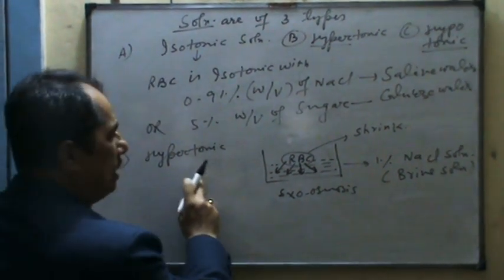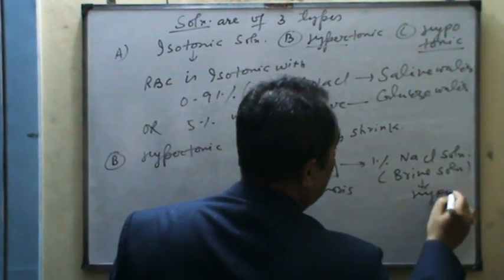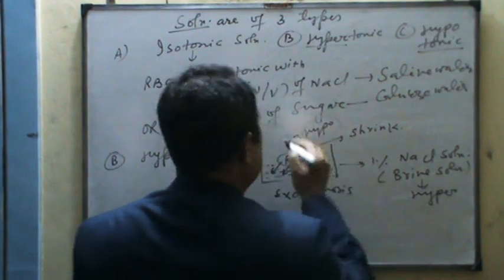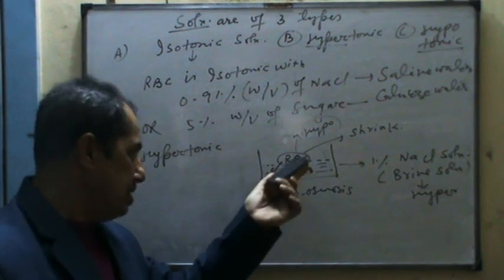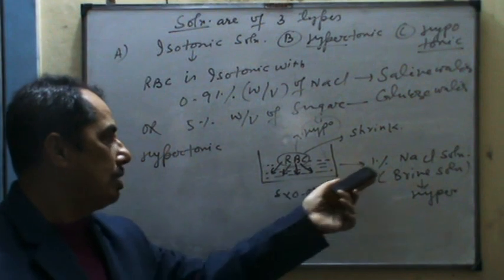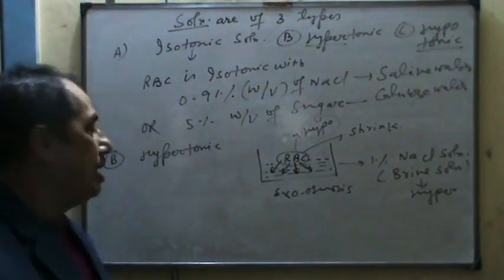Here, which is hypertonic, which is hypotonic? NaCl solution is hyper, and RBC is hypo. If the water molecules or the liquid come out from the substance, it is called exosmosis. When RBC is placed in 1% NaCl, shrinkage will take place.